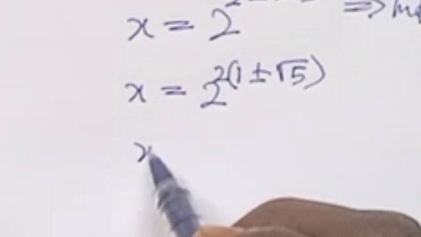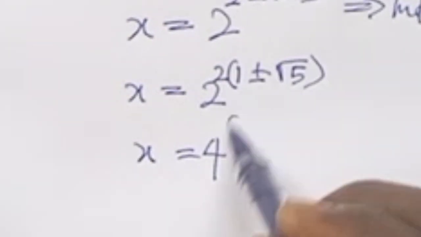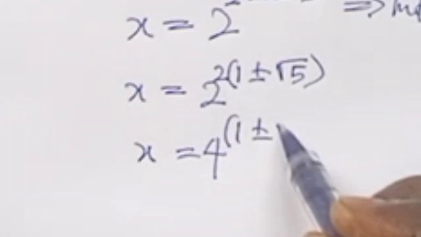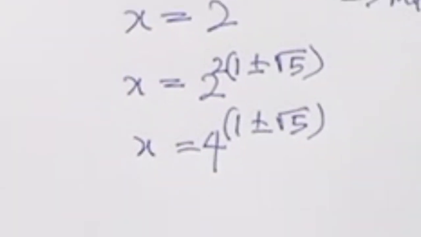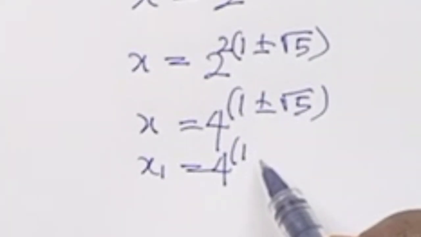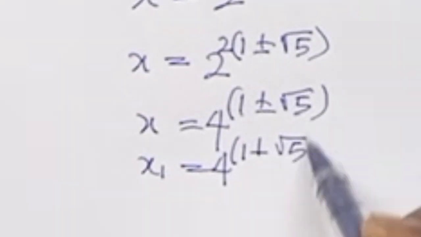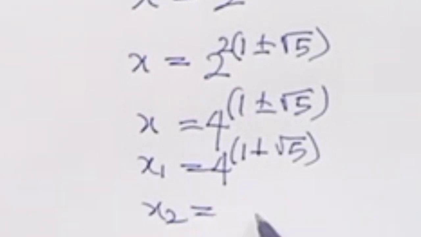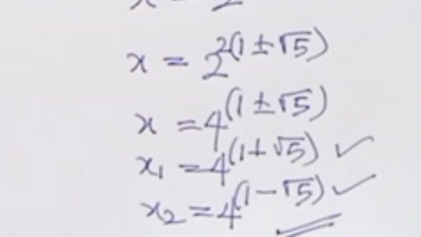And the next line will be x equals 4 to the power of 1 plus or minus square root of 5. So that the value of x1 will be equal to 4 to the power of 1 plus square root of 5, and x2 will be 4 to the power of 1 minus the square root of 5. These are the two values of x.